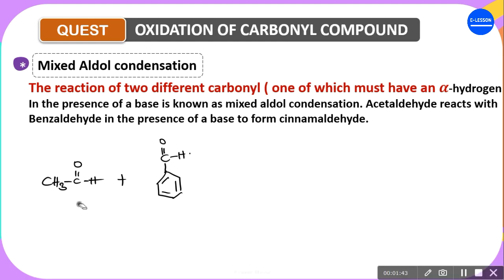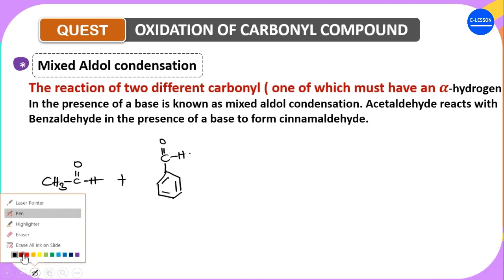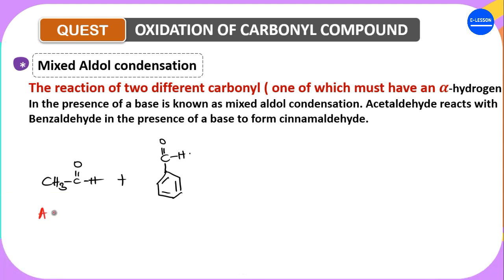I'm supposed to use a red pen to indicate this. Acetaldehyde, and this is benzaldehyde. Now the question is, between acetaldehyde and benzaldehyde, which of them has an alpha hydrogen?